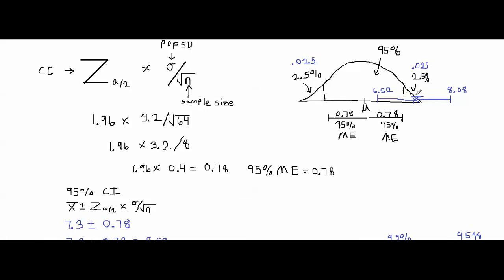So if my sample mean is way up here in the upper 2.5%, then that means that the population mean is somewhere below the lower end of my confidence interval. It's somewhere down here.